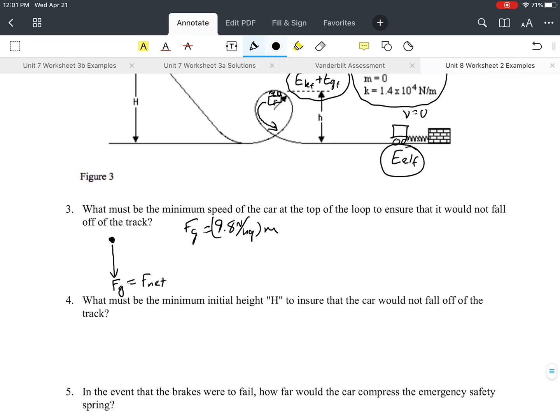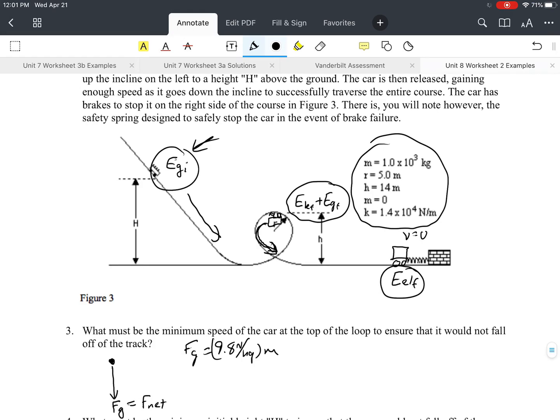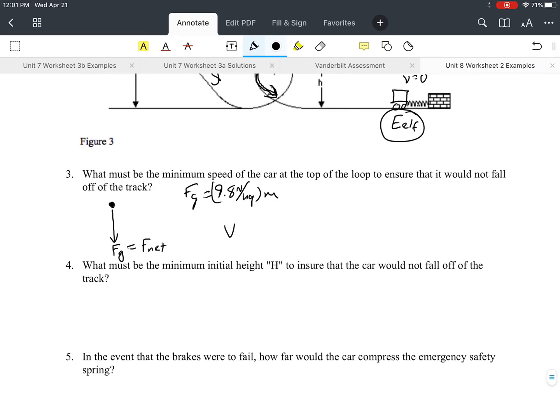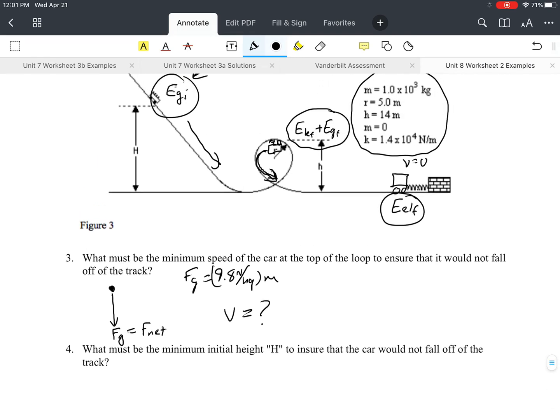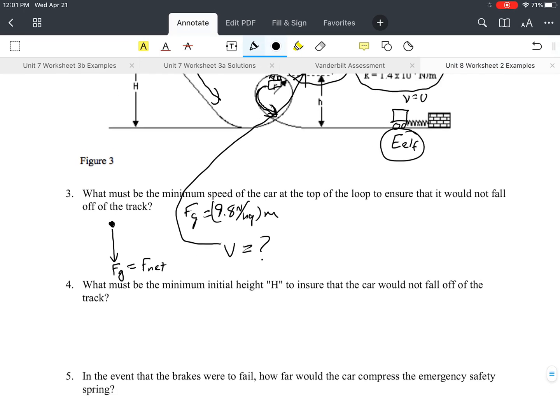And number 4, it says, what must be the minimum initial height to ensure that the car would not fall off the track? So what height do we need to have up here so that it's going fast enough down here to be able to go around the track? So we take what our speed is here, and whatever we find here, we can put into our kinetic energy there.